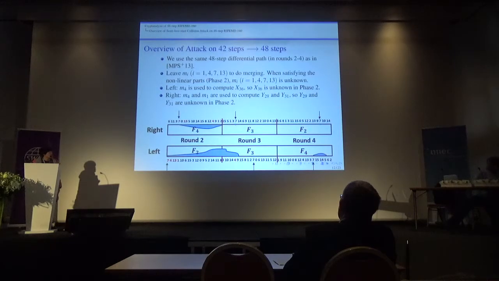That means to make sure the initial values are equal. Because M4 is here in the left branch, it corresponds to X36. That means X36 is unknown because one of the inputs, M4, is unknown. Similarly, in the right branch, Y29 and Y31 are unknown because the corresponding message words M4 and M1 are unknown.